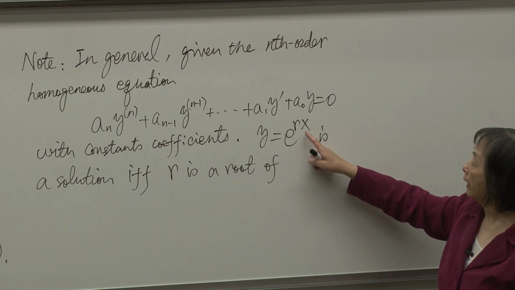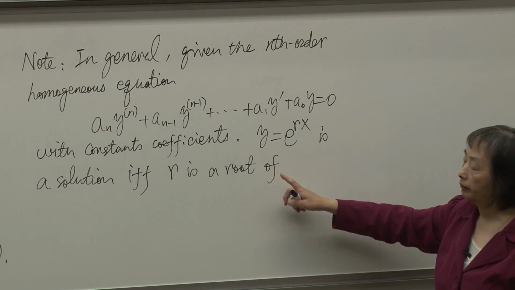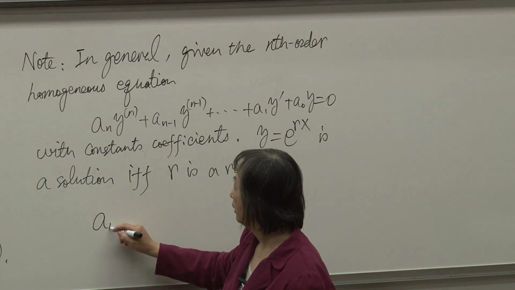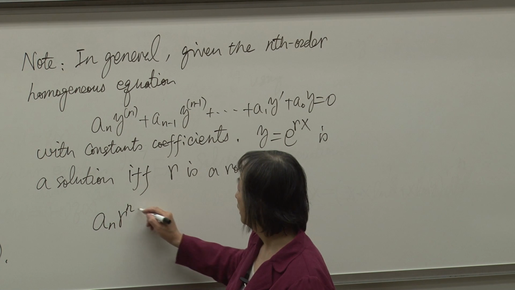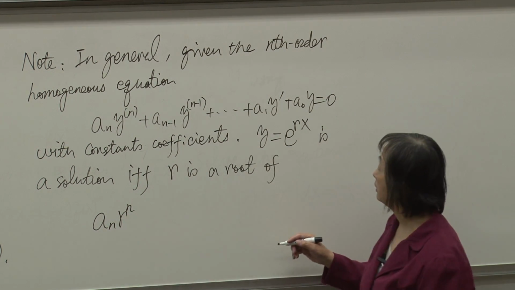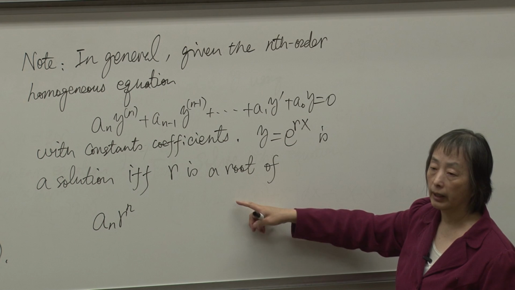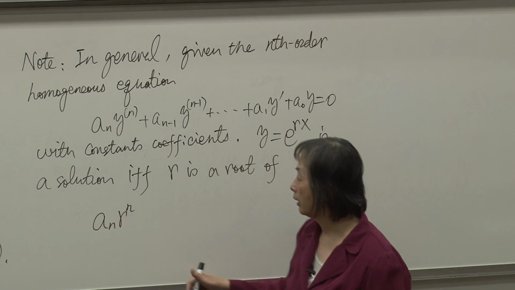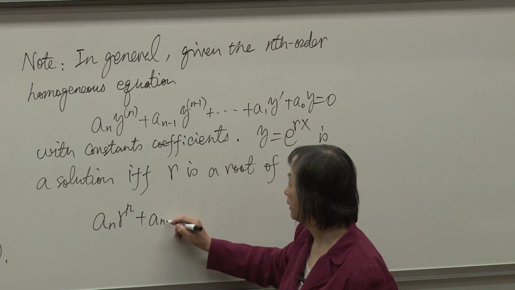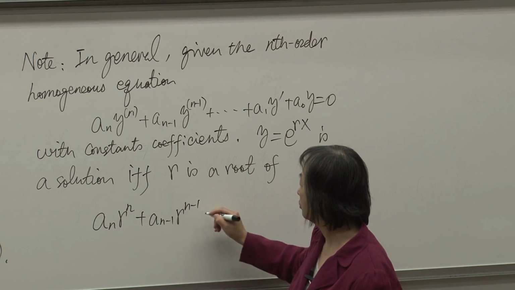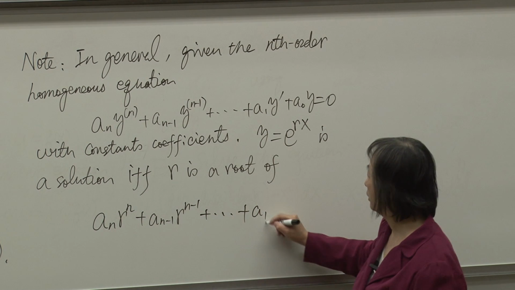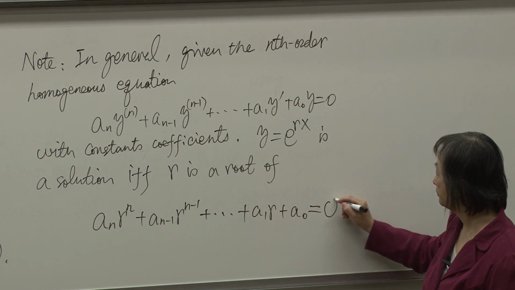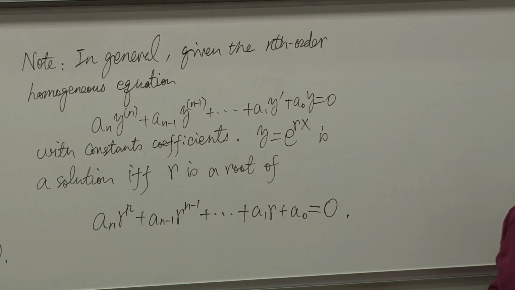We replace any kth order derivative of y with r^k. So we get a polynomial a_n r^n plus a_(n-1) r^(n-1), and so forth until a_1 times r plus a_0. The other side is 0.